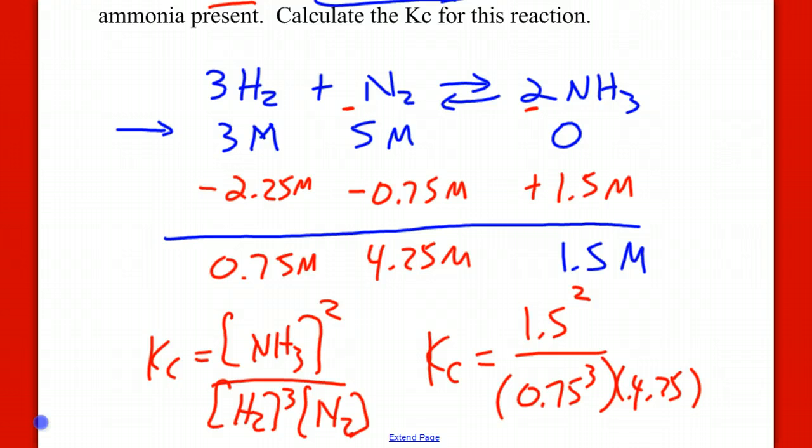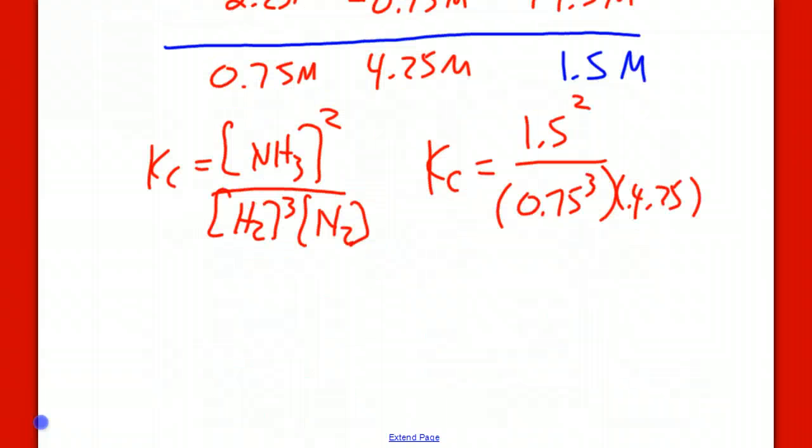So 1.5 squared divided by 0.75 cubed times 4.25. Kc equals 1.25. It's above 1, so it favors the products.